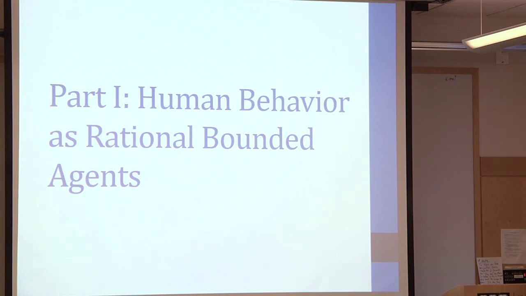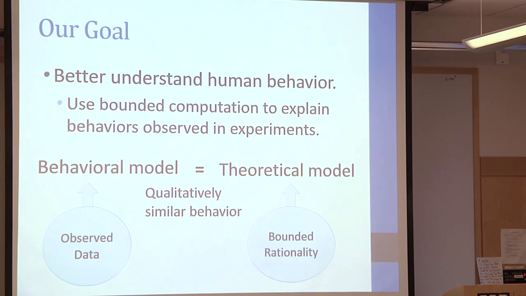Okay, so I'm going to start with the first part, which is trying to model human behavior as bounded rational agents. The goal in this part is to take behavioral models that people came up with by observing data. They did experiments on people, and they found some behavioral models that people use.